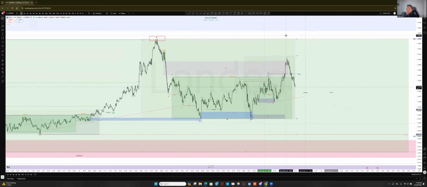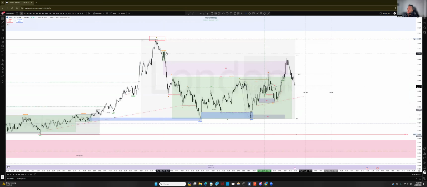Okay, so the answer to that question is no. If we did not have this overall consolidation range, then yes, you then look to sell down to take this low.